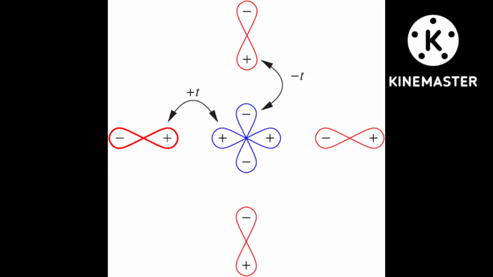Okay. Now I am going into details. In order to explain the characteristics and geometrical shape of polyatomic molecules like methane, CH4, NH3 and H2O, the scientist Pauling introduced the concept of hybridization.